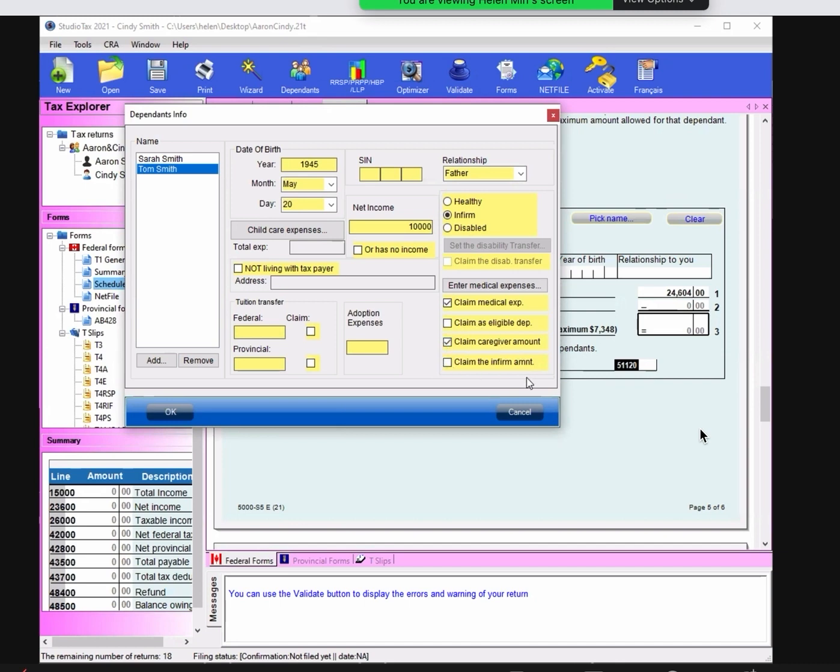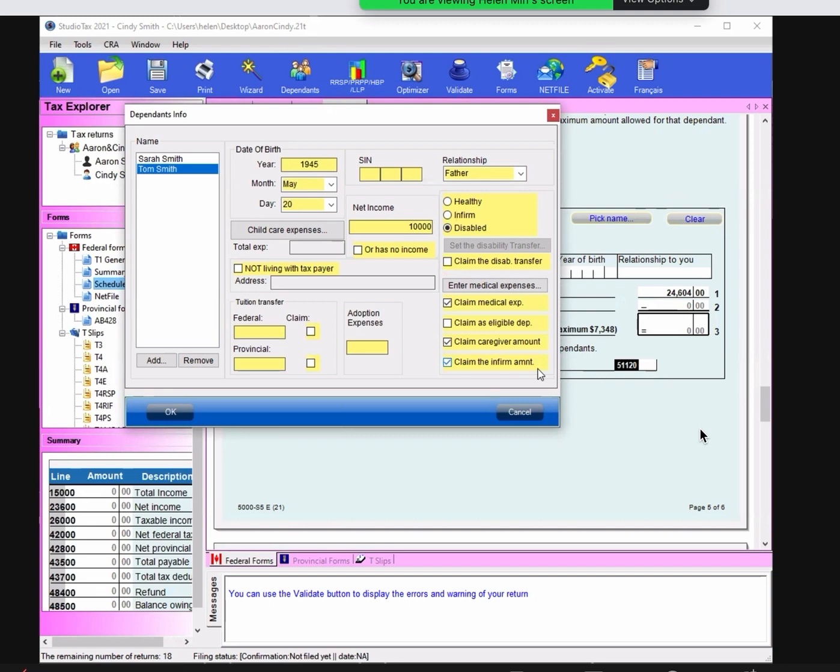And claim infirm amount, yes or no? Yes. Of course, he's infirm. If disabled, you can still claim the infirm amount. If Tom is not infirm but disabled, he can still claim infirm amount, because the infirm level is lower than disabled.